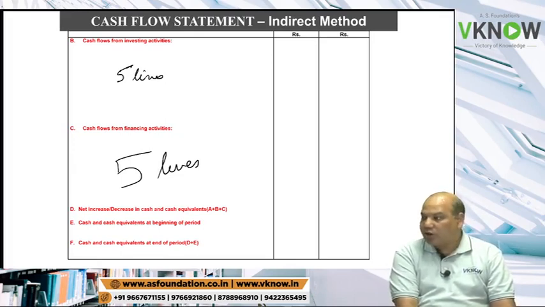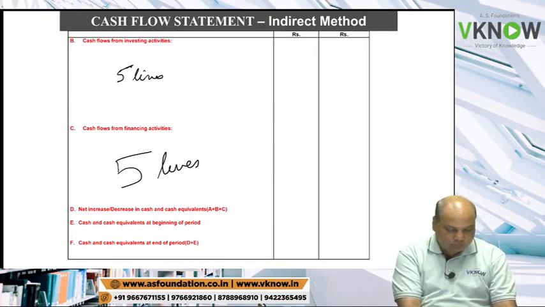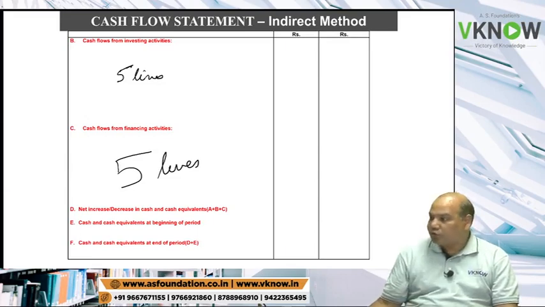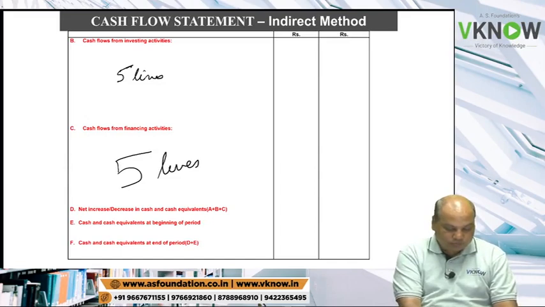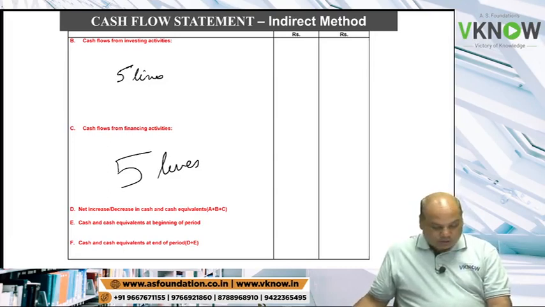Point number E, cash and cash equivalent at the beginning. Cash and cash equivalent at the end of the period.